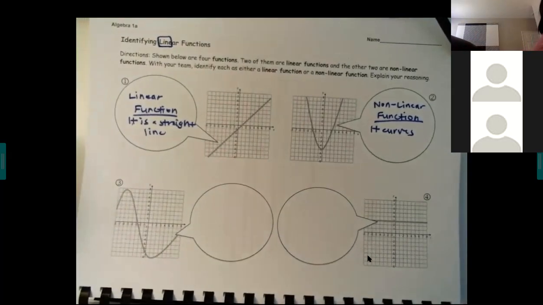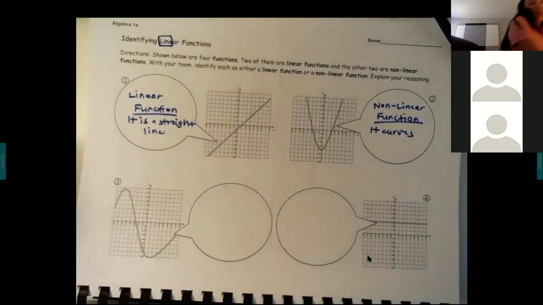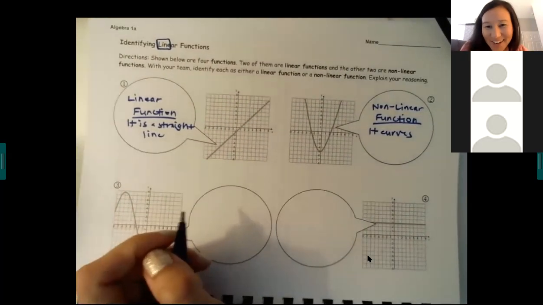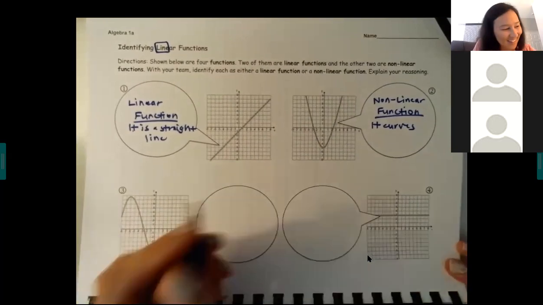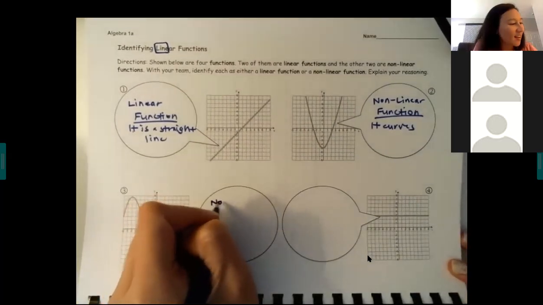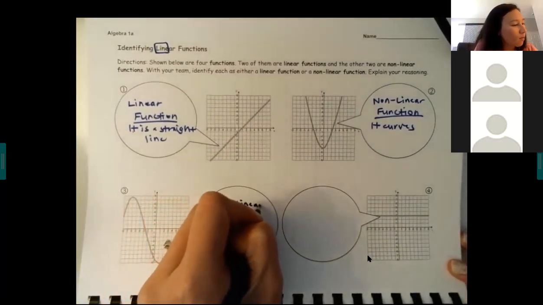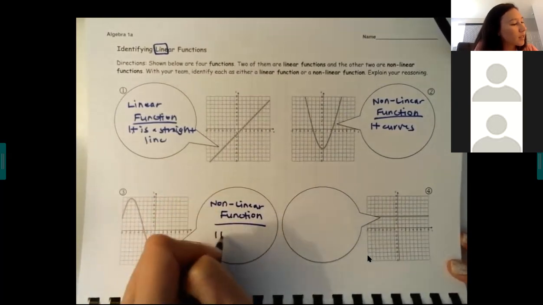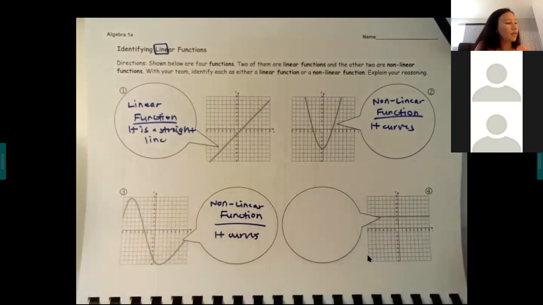Would you classify that as a straight line? No. Okay, so then is it a linear function? It's a non-linear. Good. We'll say the same thing. It curves, so it's not linear.